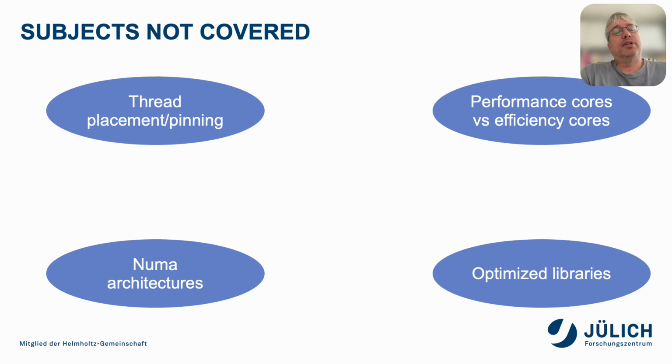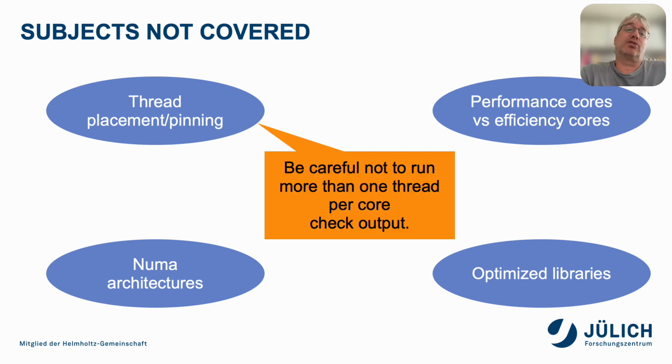There is the problem of thread placement and pinning, especially if you use OpenMP. You have multiple processes running on a single CPU, and you have to be very careful here not to run more than one thread per core.